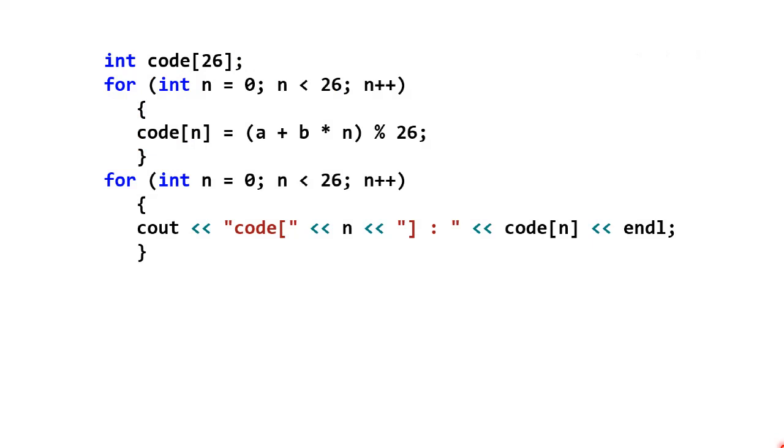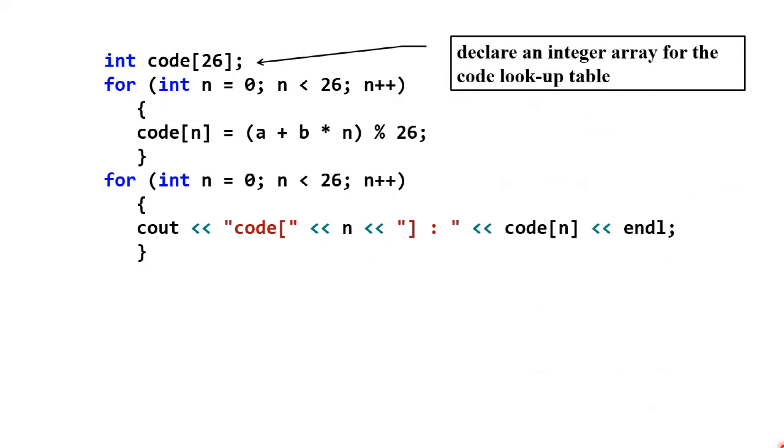This is the code that generates the lookup table for our code cipher. So I first declare an integer array for the code lookup table. It's an integer array with 26 elements, one for each letter of the alphabet.